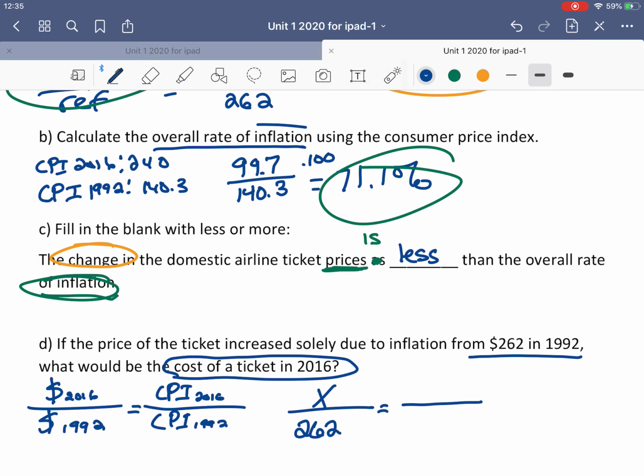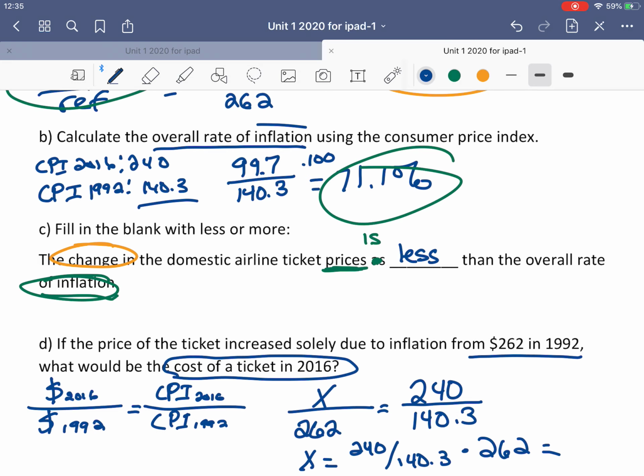That's the actual value. CPI in 2016 is almost old hat by now. CPI in 1992, we looked it up a minute ago, it's 140.3. So to find this answer, X is going to be 240 divided by 140.3 times 262.